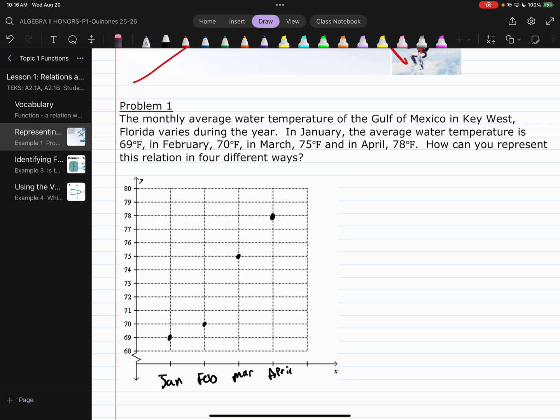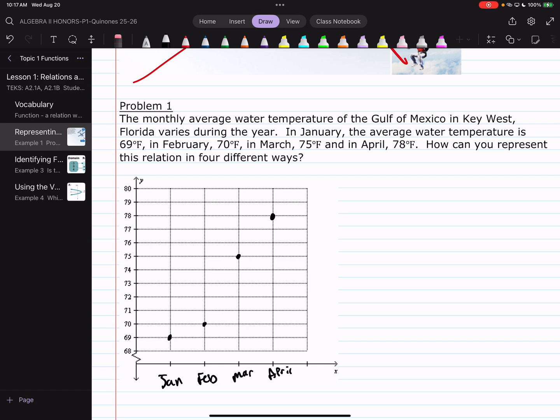Well, that's a function right there, right? Well, what if this has to be a relation? Yes, right? So then in January, that could be any other factor, right? What's the context?